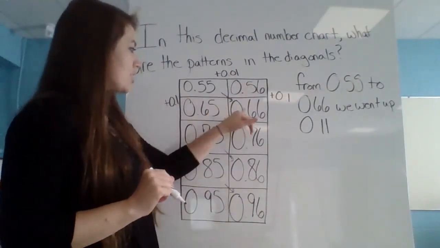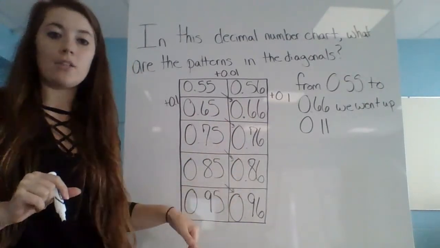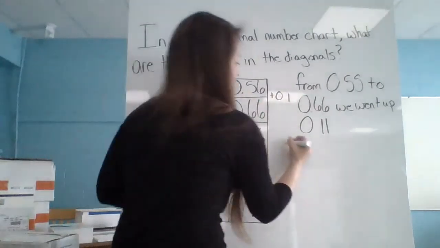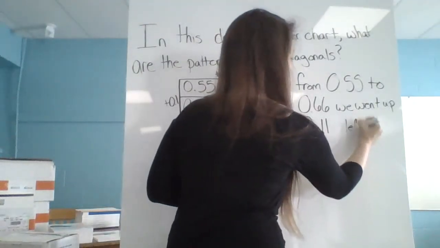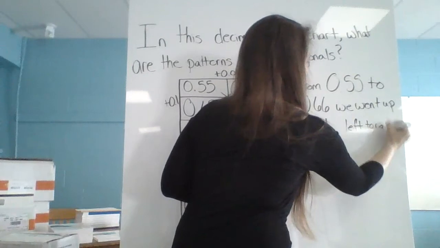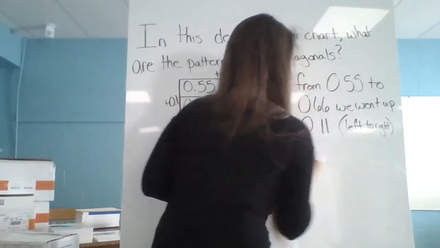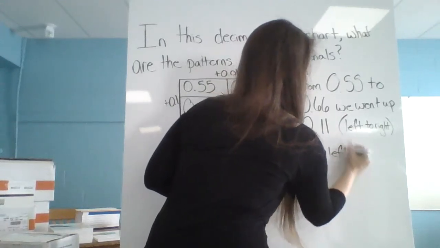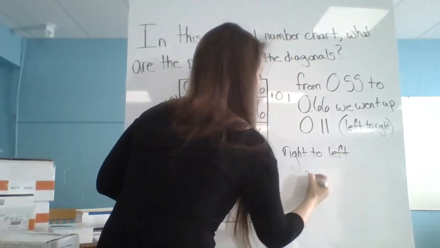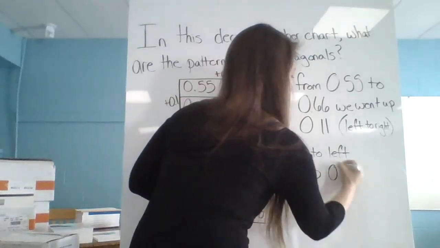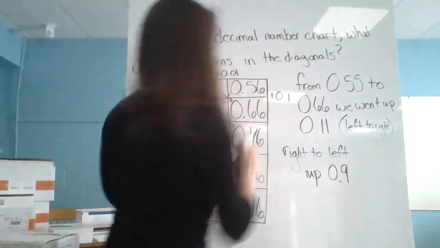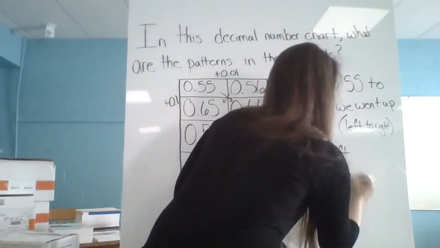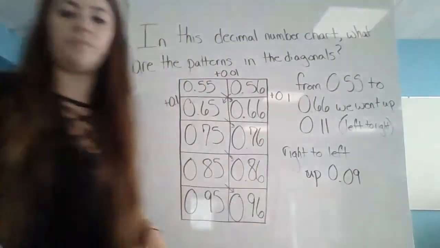Now if we look the other direction, then it's only 9 hundredths in each case. So going from right to left, we go up, oops, that's supposed to be 9 hundredths, not 9 tenths. 9 hundredths.